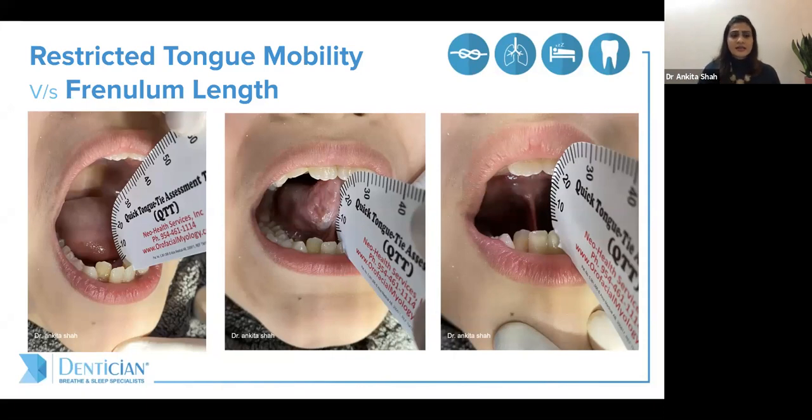The latest measurement that has been used is the TRMR scale, where they are measuring the ratio of the complete mouth opening to the mouth opening when the tongue is suctioned up on the palate.